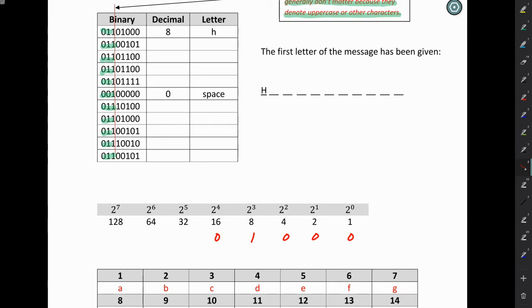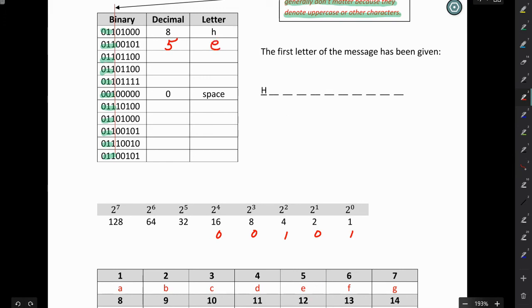The next one is 0, 0, 1, 0, 1. That means we have 4 plus 1, that gives us the number 5. If I look in my table, number 5 is associated with letter E.